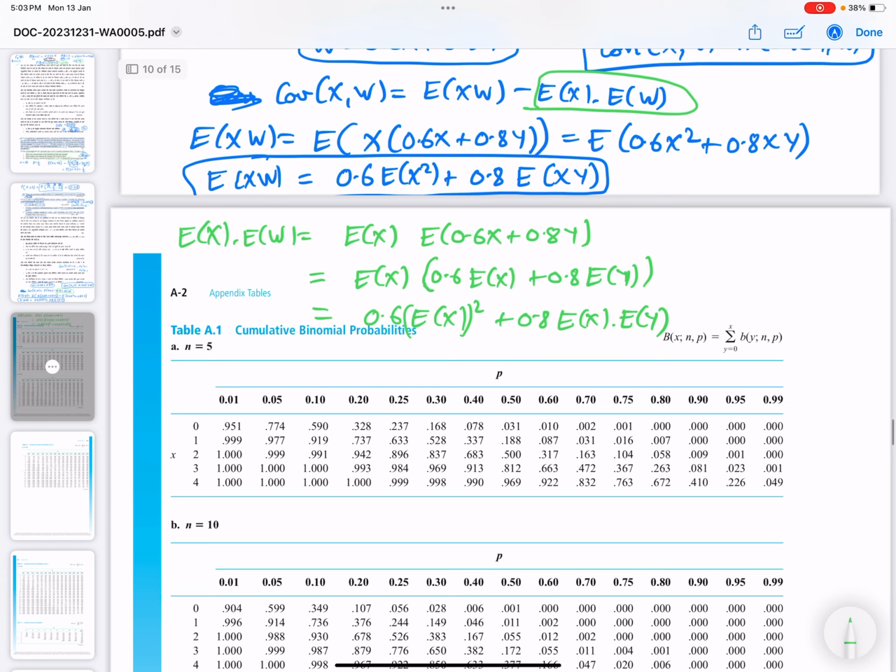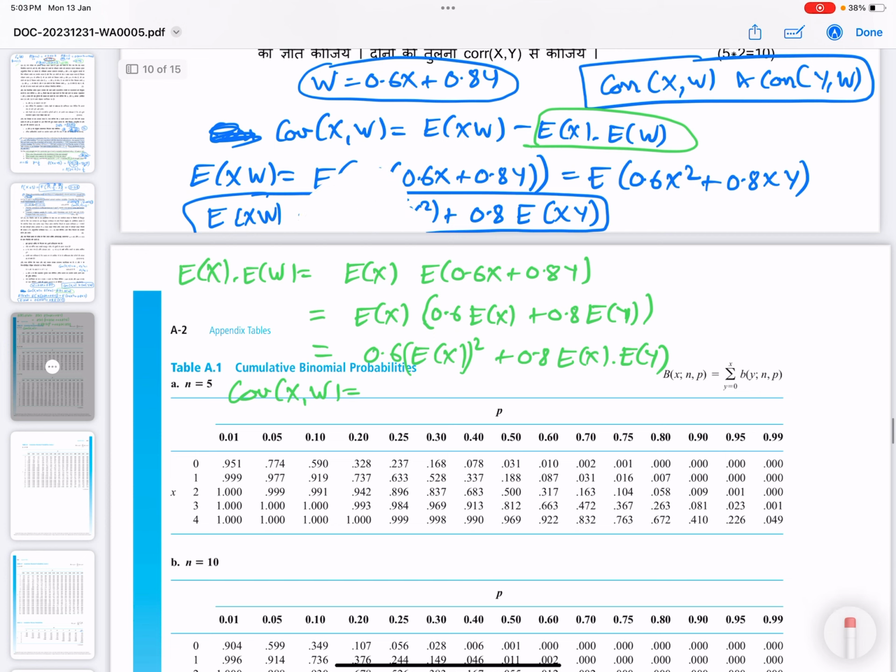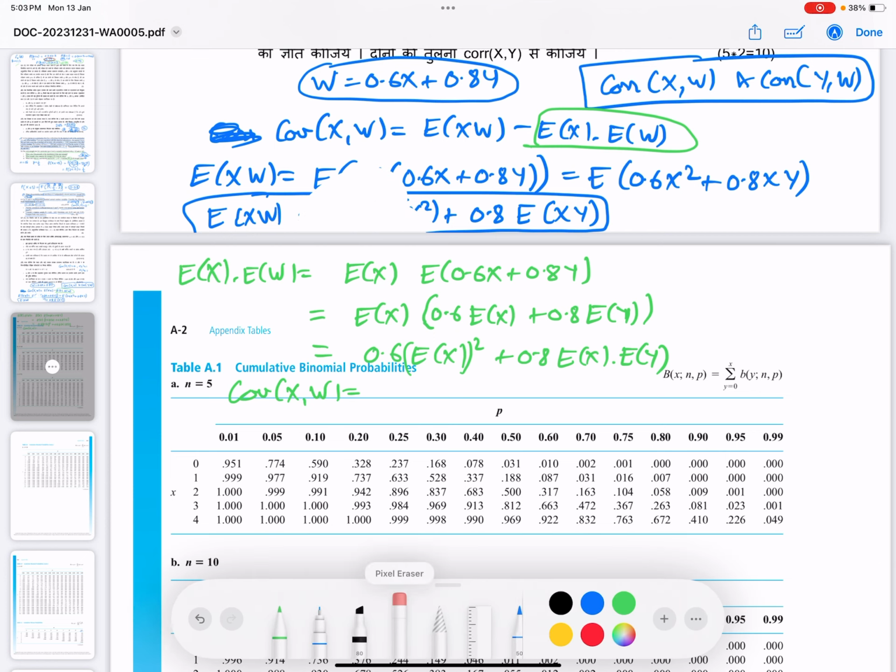So covariance XW would become this term. This was expected of X into 0.6X plus this.